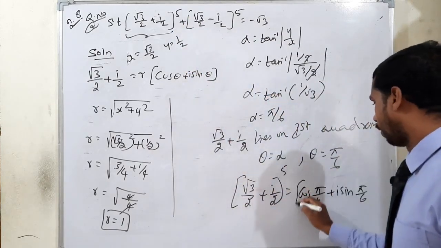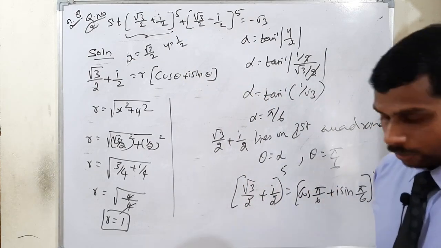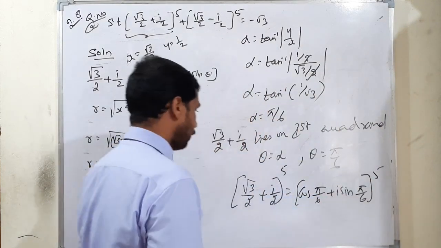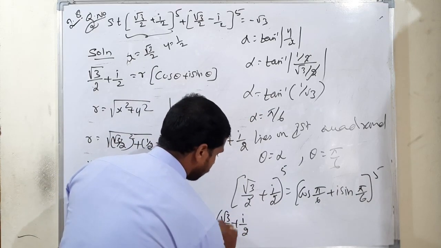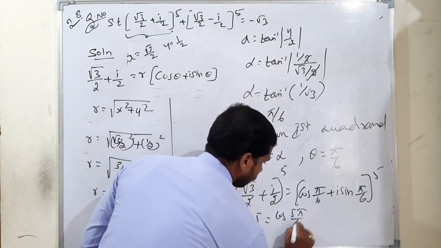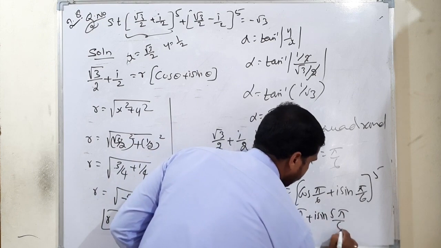If you raise it to the power of 5, outside also the whole term is to the power 5. According to De Moivre's theorem, each term is multiplied by 5. So (root 3 by 2 plus i by 2) the whole power of 5 is equal to cos 5 pi by 6 plus i sin 5 pi by 6.